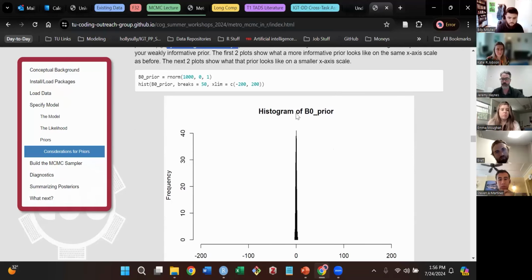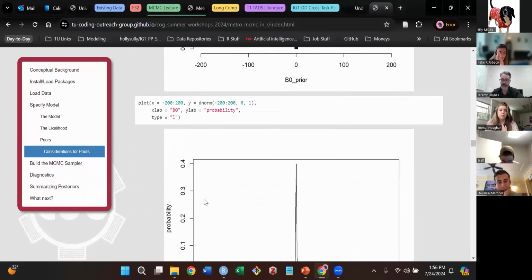So this is with a much more informative prior on the intercept term. And I'm keeping the same x-axis, and you'll see how tight that prior is. Keep in mind, this is what you're assuming before you see the data, this is what you think the range of parameter values is. Again, I'm using the same x-axis as when we had the very weakly informative prior.